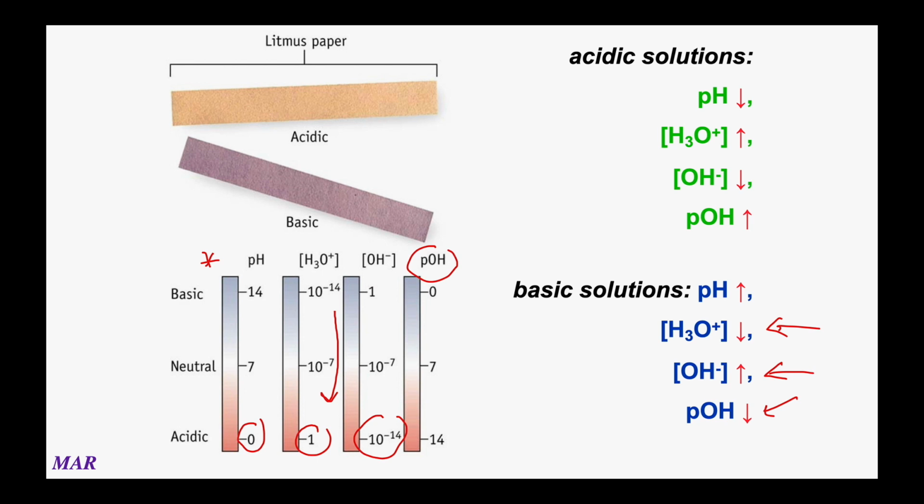So this up, down kind of thing is something you really got to get clear in your head. It's not hard. Just go through it. You can always put in random numbers. Put in a pH of 3 and figure out what hydronium, hydroxide, and pOH are. You can do the same thing with basic solutions. Put in a pH of 10 or something, figure out hydronium, hydroxide, pOH. You can see it that way too.